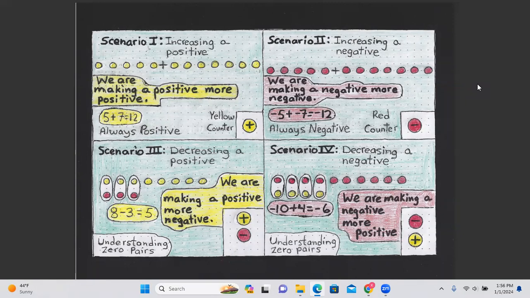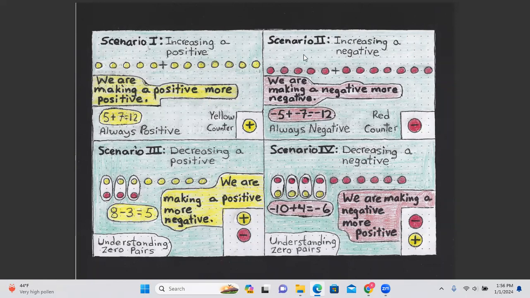In scenario 1, we are increasing a positive, and as you can see, we see 5 positive counters, 1, 2, 3, 4, 5, plus 7 positive yellow counters, 1, 2, 3, 4, 5, 6, 7, and 5 plus 7 equals 12. Remember, increasing a positive is the same as making a positive more positive. It'll always be positive.